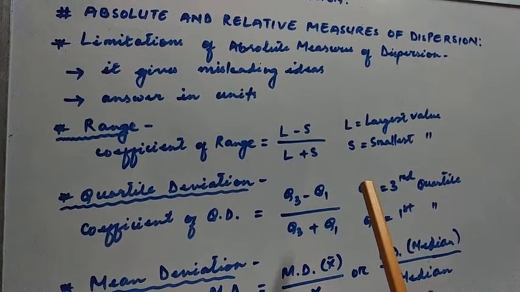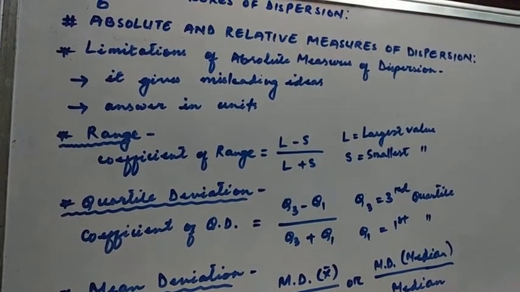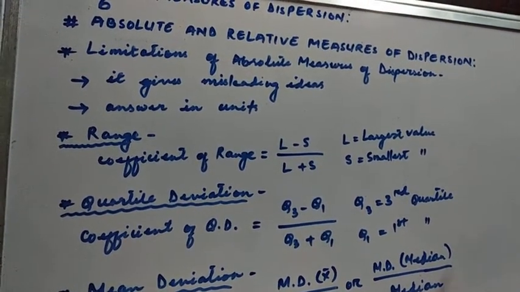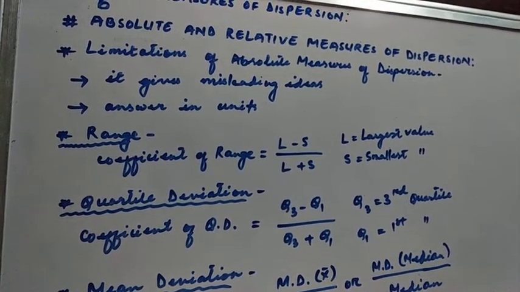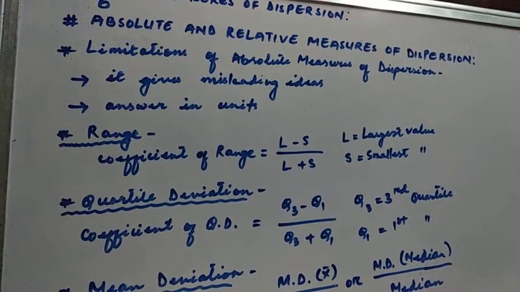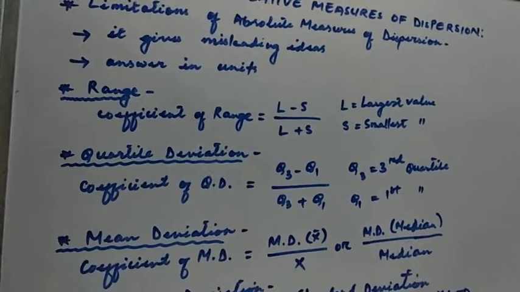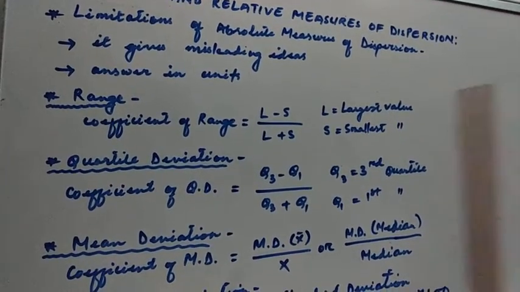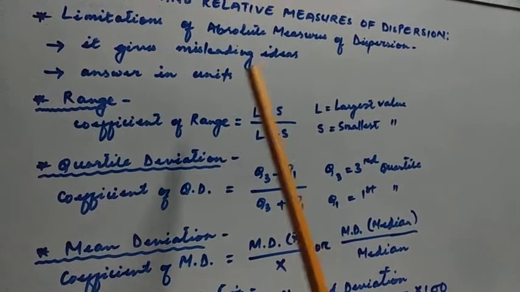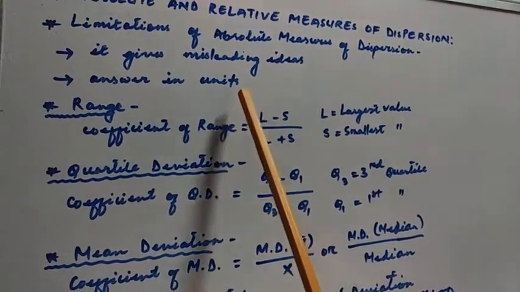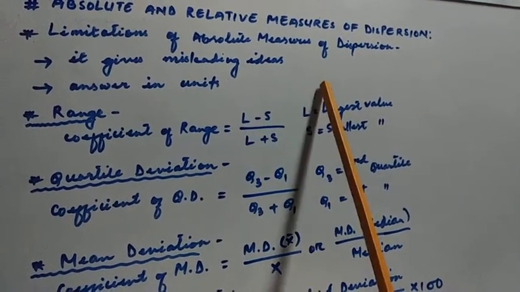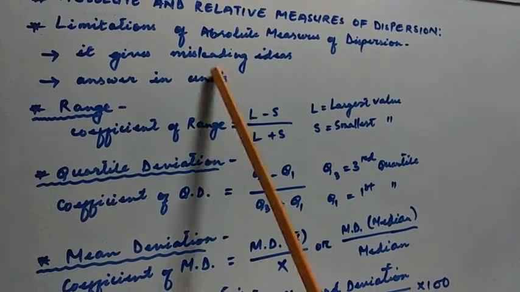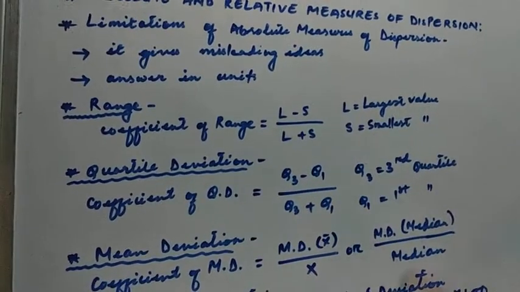However, if the same values are expressed in meters, absolute measures will give the answer in meters, and the value of dispersion will appear to be 1000 times larger. That is why, when they give the answer in units, they face that limitation. And when the averages are different from each other to a large extent, they give misleading ideas.